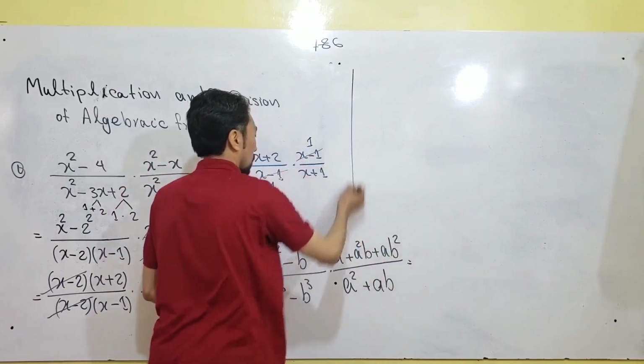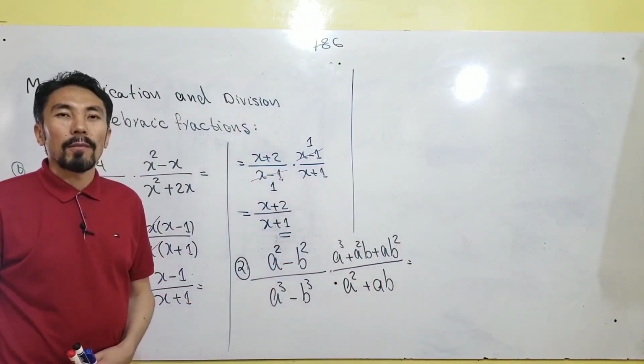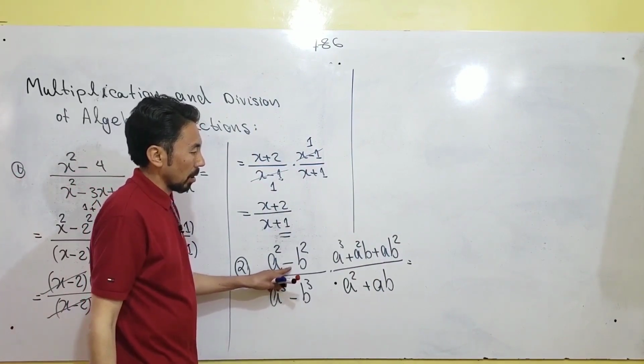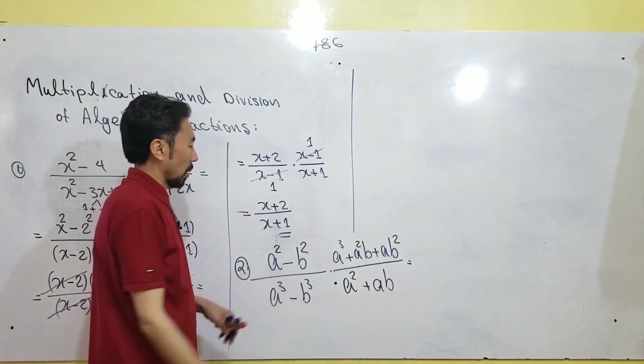How can we multiply these two fractions? First of all, we should factorize every expression.